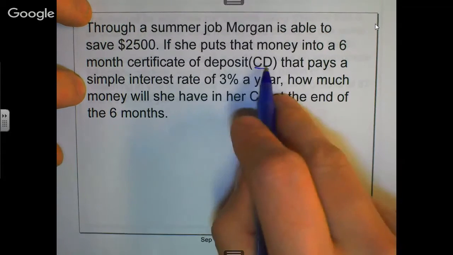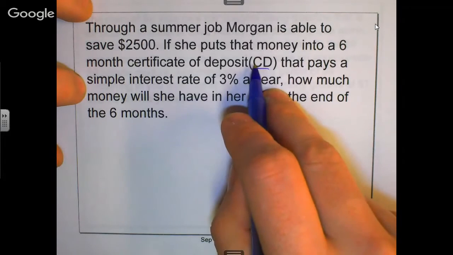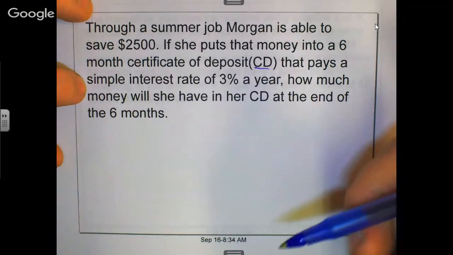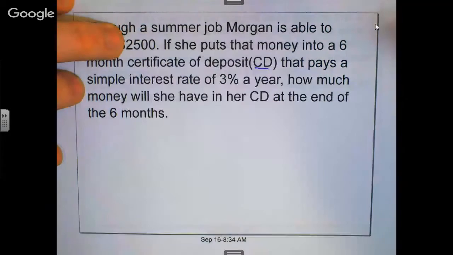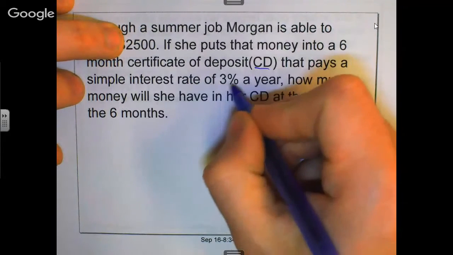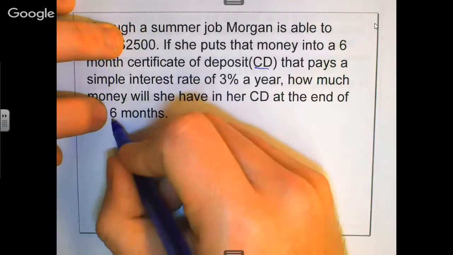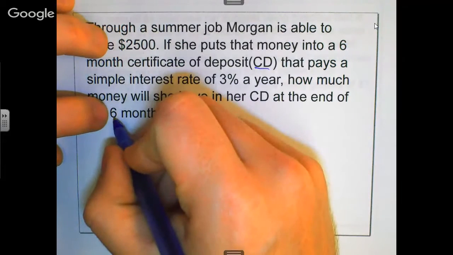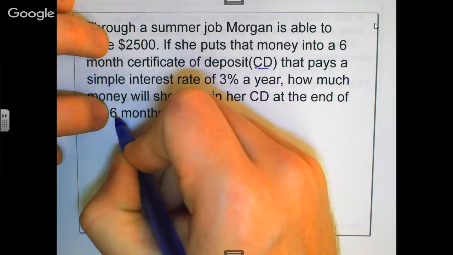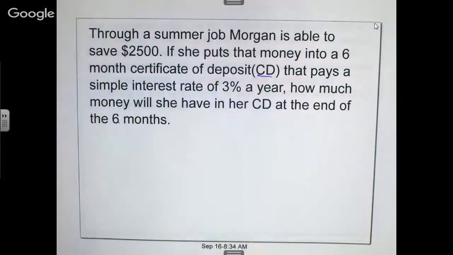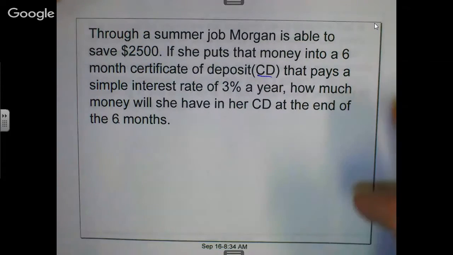Okay, a CD is like you loaning your money to the bank. Okay, I give my $2,500 to the bank to borrow. They're going to pay me 3% for 6 months. Now, if I want this money out before 6 months, I'm going to have to pay a fee to get my money back. You're letting them borrow it for 6 months.